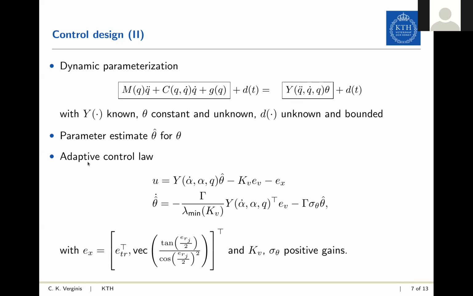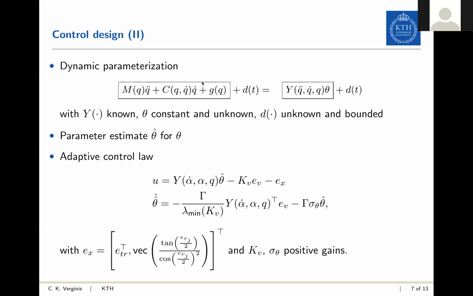The adaptive control law consists of three terms, shown here. The first term is this known matrix Y times the estimate of theta. This Y matrix is evaluated with the reference velocities and accelerations that we designed in the previous slide. This first term tries to compensate for the uncertainties in the dynamics.